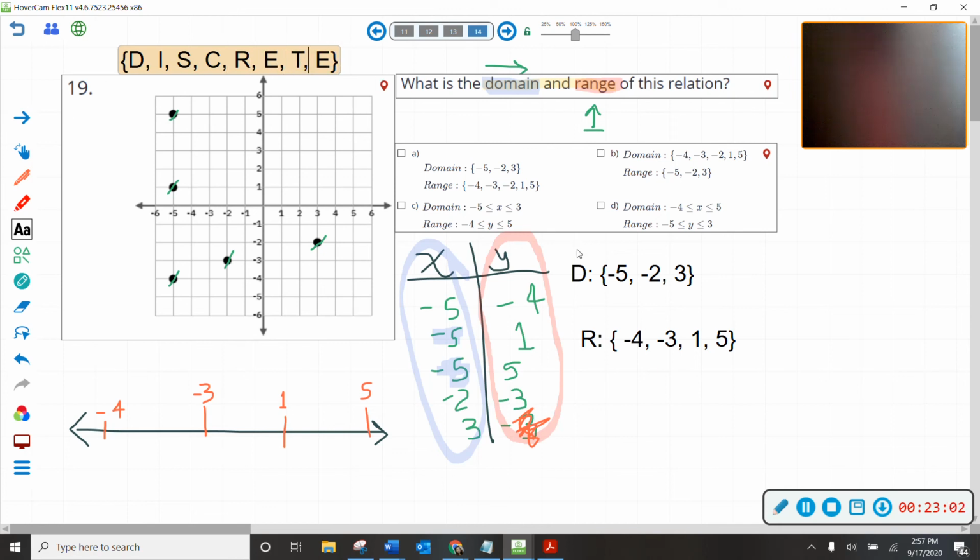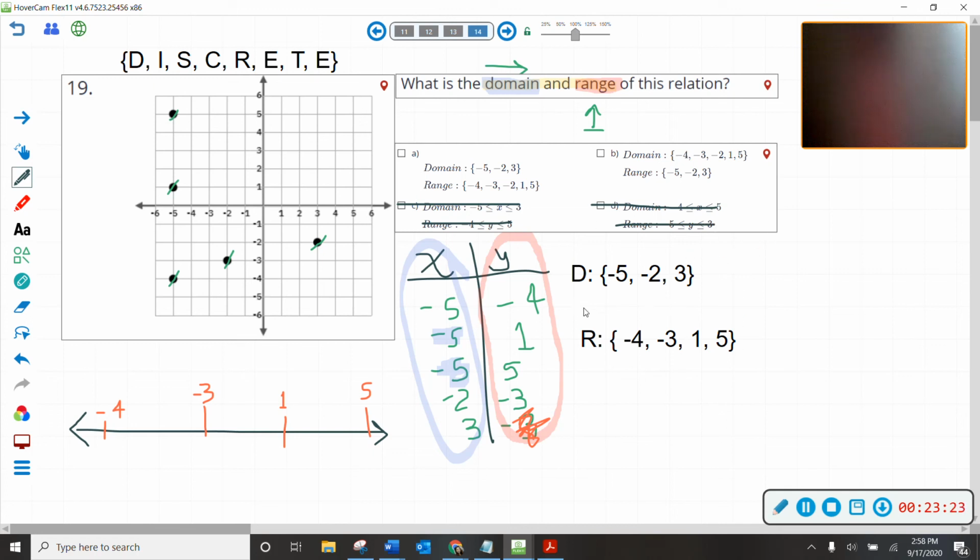So, because this is a discrete, disconnected scatter plot, C is not the answer. That looks like continuous. And same with D. That also looks continuous.